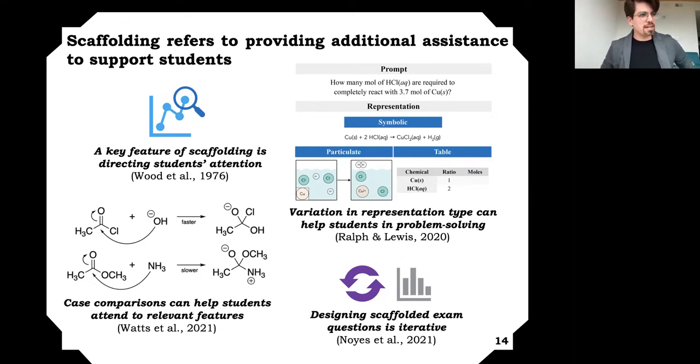The appropriate way to fade out scaffolding is probably topic dependent, and it would be a really interesting study to do. But the idea is that at the beginning, students have more scaffolding, but by the end of the course, when they're taking a final exam, maybe they don't need that scaffolding anymore, because at this point they know what features to attend to, and they've developed that expertise.